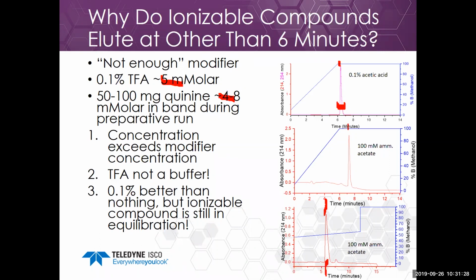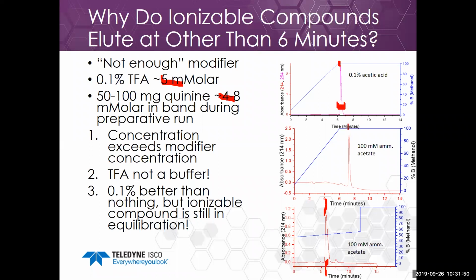There's very, very little peak tailing as compared to the run earlier. So this is suggestive that some of the issues with calculated focus gradients is simply a matter of kinetics with an ionizable compound and the solvent modifier.